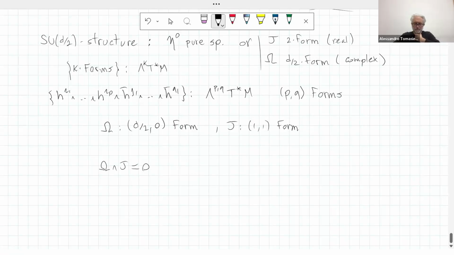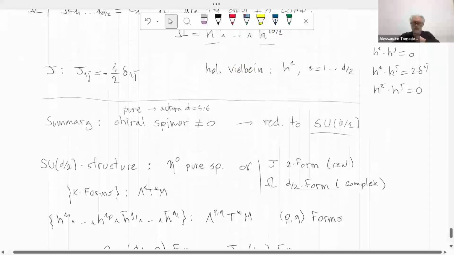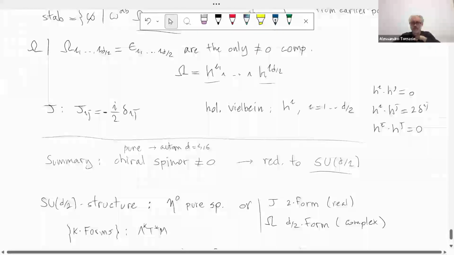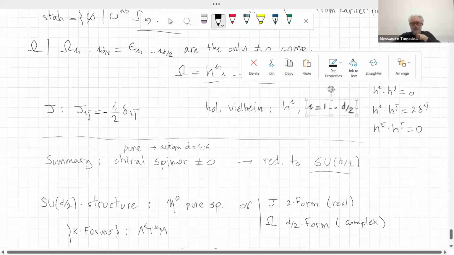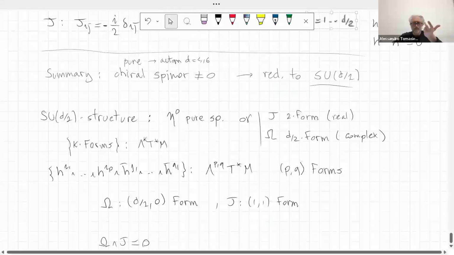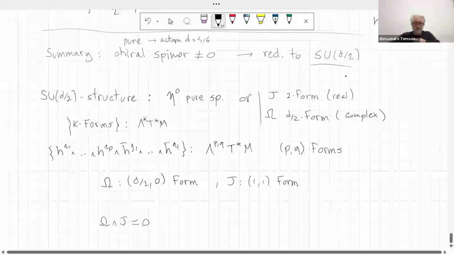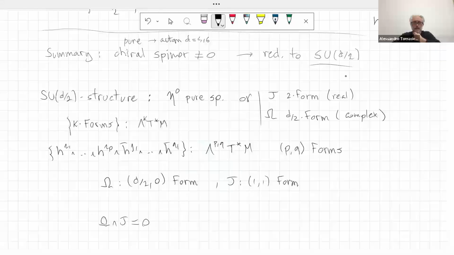Well, omega is already the wedge product of all the holomorphic elements of the field bind. So there are only d over 2 of these, and you cannot take a wedge with a further one and not get 0. So this would be, in other words, a d over 2 plus 1 comma 0 form, but there is no such form. So this is 0 automatically.